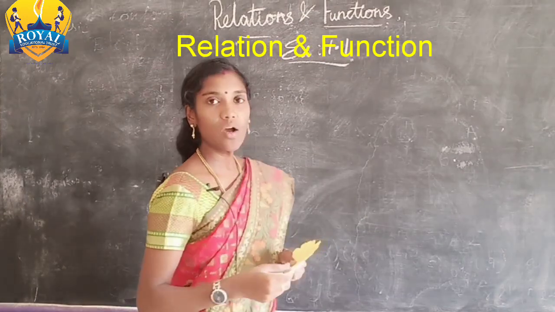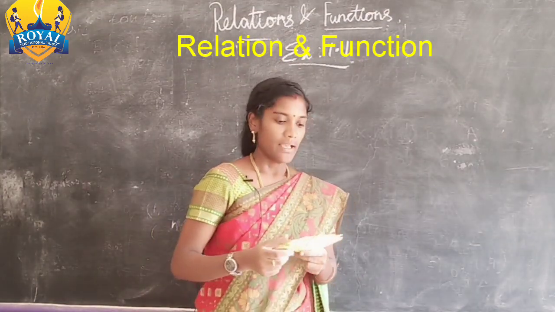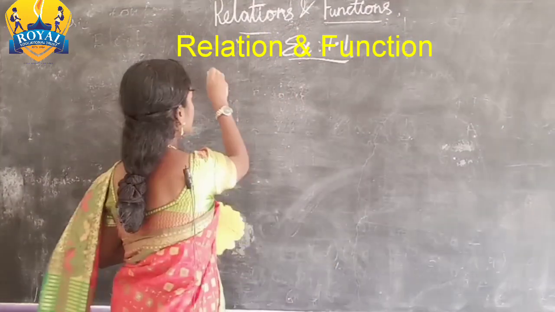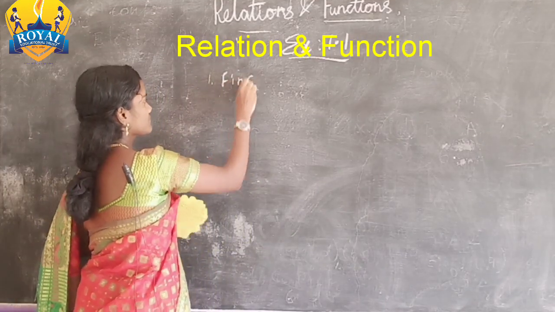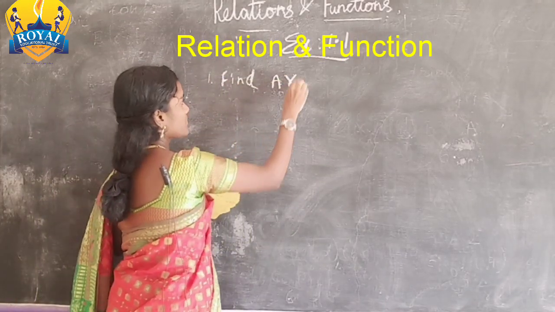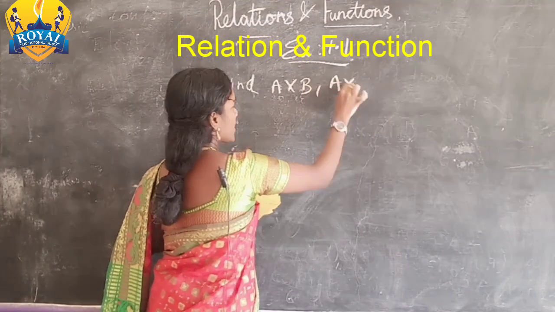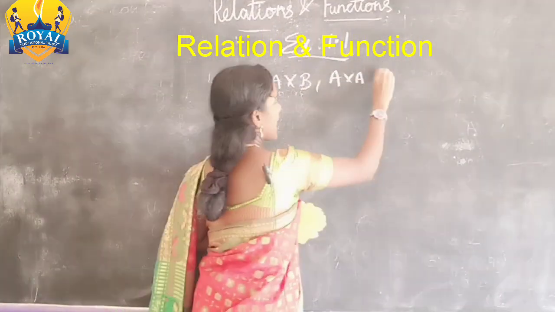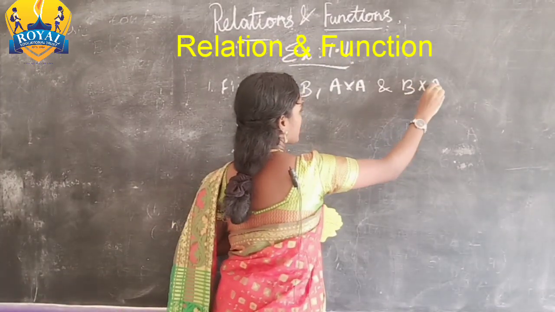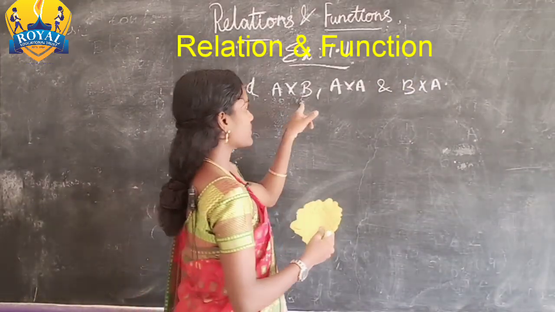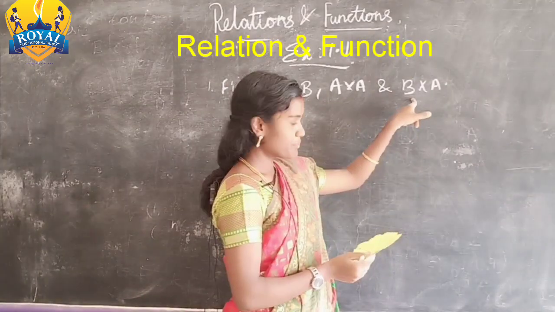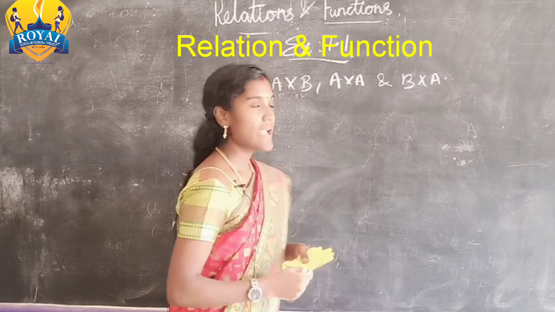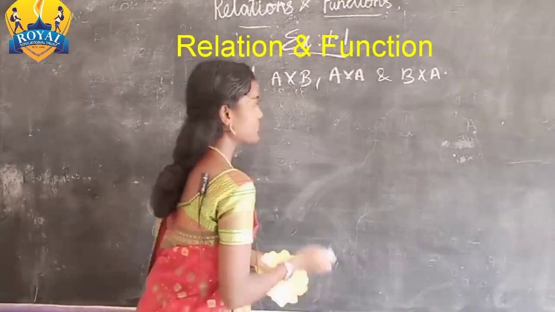I'll explain one sum for you. Find A cross B, A cross A and B cross A. They give three subdivisions.